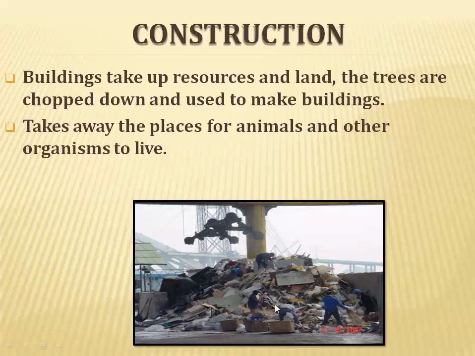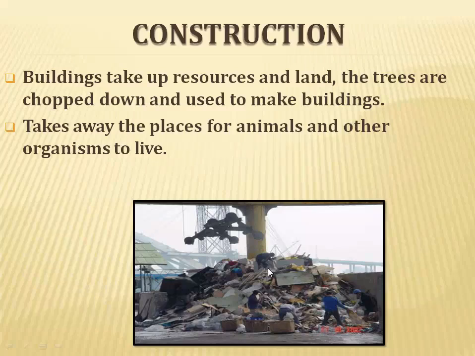garbage of construction, after finishing a building, is of no use and is dumped somewhere. So buildings take up resources and land. The trees are chopped down and used to make buildings, and that takes away places for animals and other organisms to live.